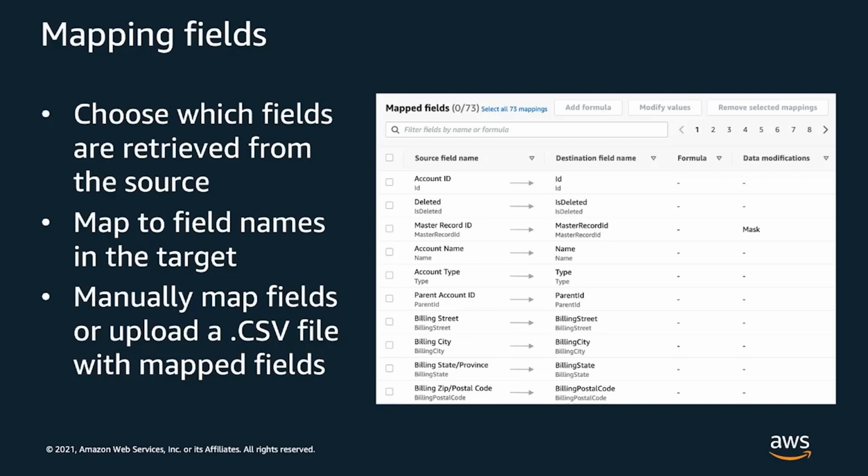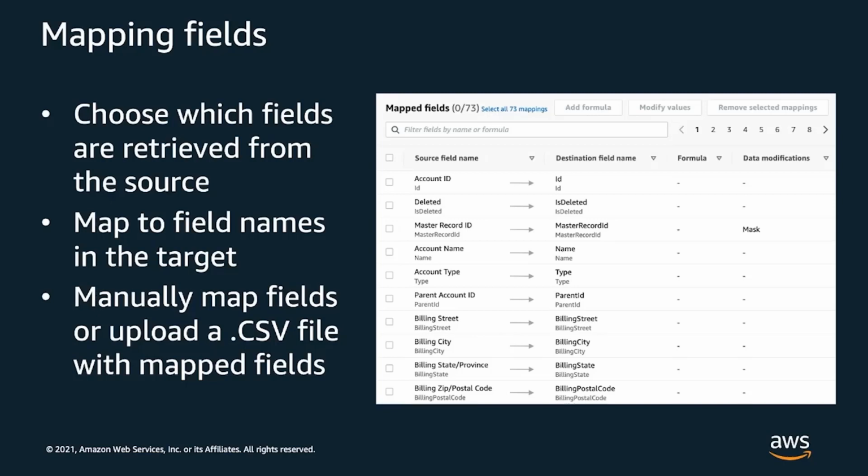So these are actually part of the query when we query the services, right? You can map to field names in the target. So you bring them across. And then you can manually map fields or upload a .csv file with map fields. So if you have, let's say, 80 fields here in this example, and if you're doing this constantly, building different flows, a good idea is to set up a CSV file that maps those for you.